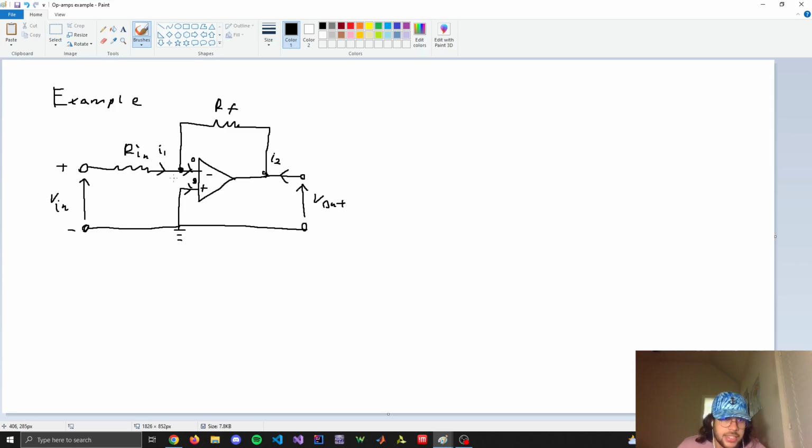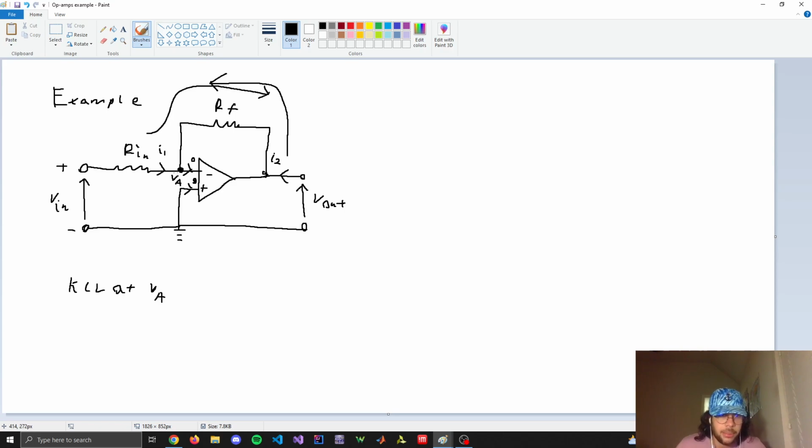I'll write the KCL at this node, VA. Using KCL and the golden rules, you have to consider both of them. Since current can't flow into the op amp, this really isn't a node, because this I1 will just flow like this, and this I2 will flow like this.